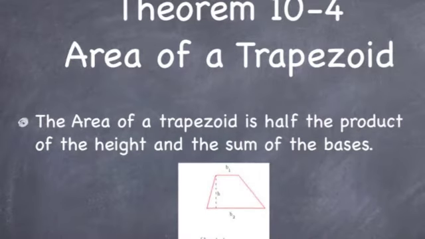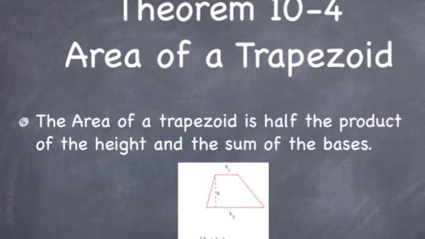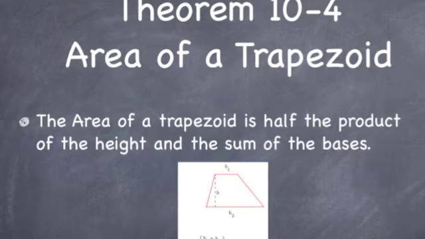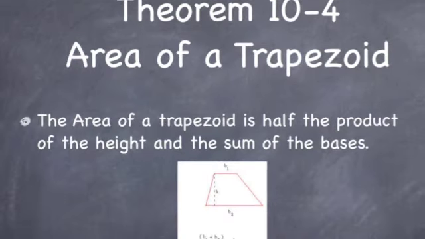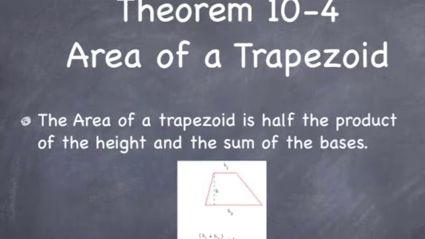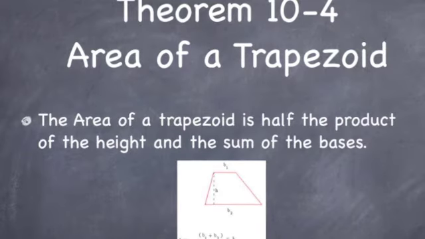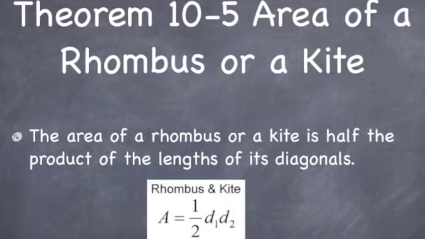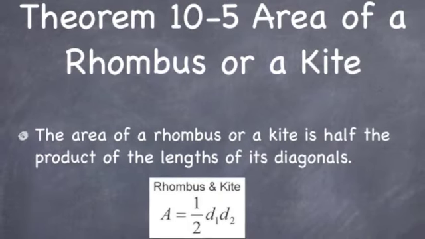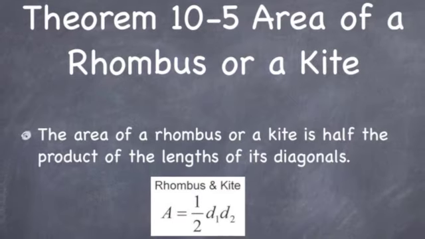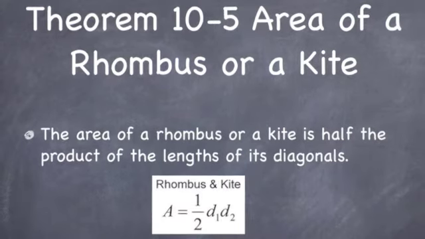Section 10.4, area of a trapezoid: the area of a trapezoid is half the product of height and the sum of the bases. Section 10.5, area of a rhombus or a kite: the area of a rhombus or a kite is half the product of the lengths of its diagonals.